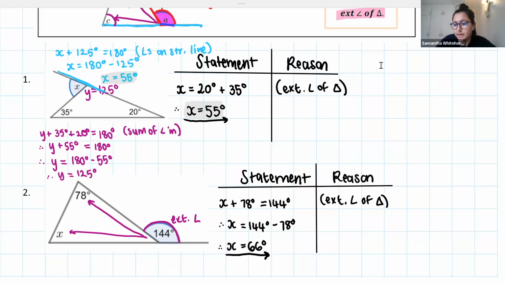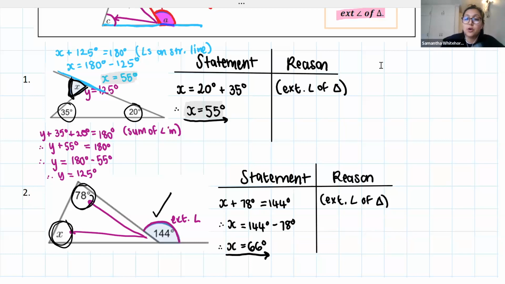Hi. I just want to ask, why did we subtract in the second question, but not in the first one? That's what I don't understand. Okay, cool. So good question. In the first question, we're not subtracting because, as you can see, the exterior angle is the one we don't know. We just have to add these two opposite ones together. In the second question, we do know the exterior angle. It's one of the opposite interior angles that I don't know.